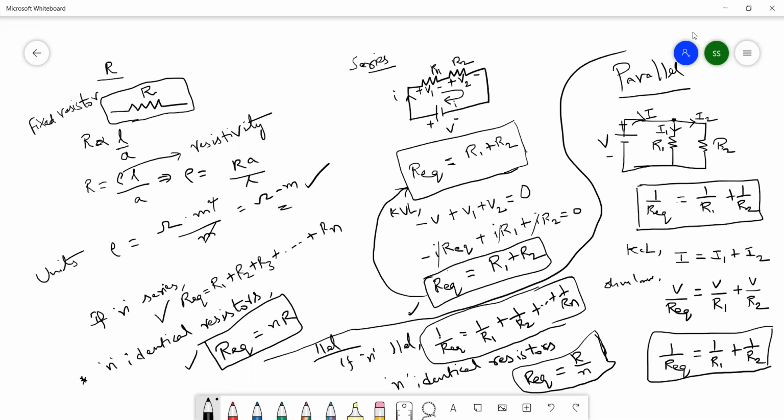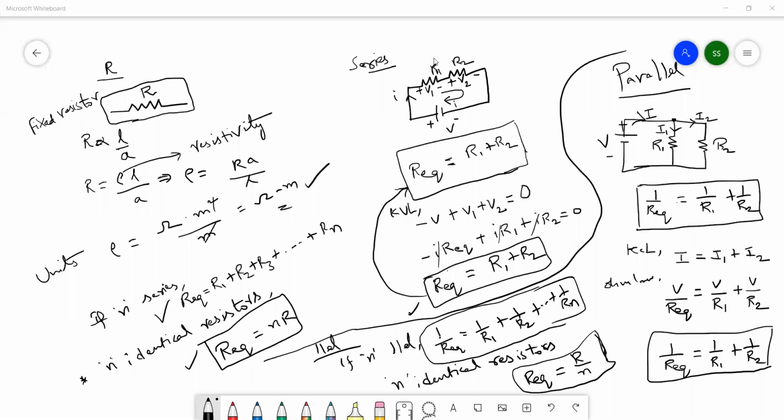Fixed resistor in the sense, if you want to keep a resistor of 30 ohms in your experiment, you have to go to the shop, take the 30 ohm resistor and install it. That 30 ohm resistor you cannot change to 40 or 20, because that value gets fixed at 30 ohms during its manufacturing.